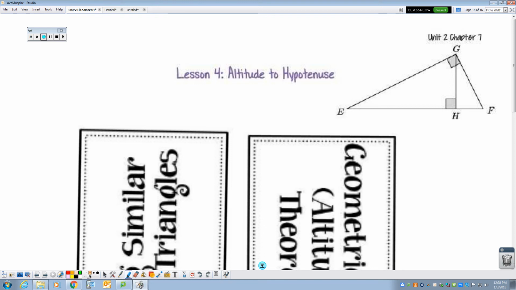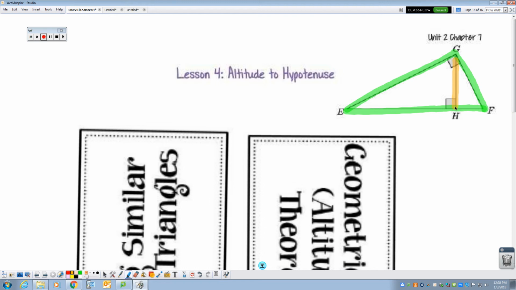So here's my right triangle that I'm starting with, right triangle EFG. And then if I were to draw an altitude, which is the height, to the hypotenuse, that means I'm drawing in this segment right here.